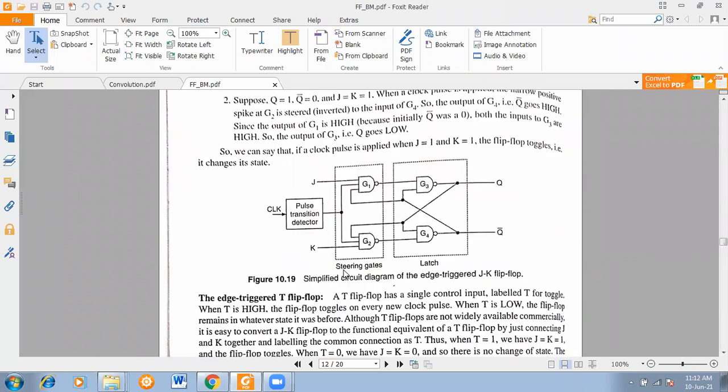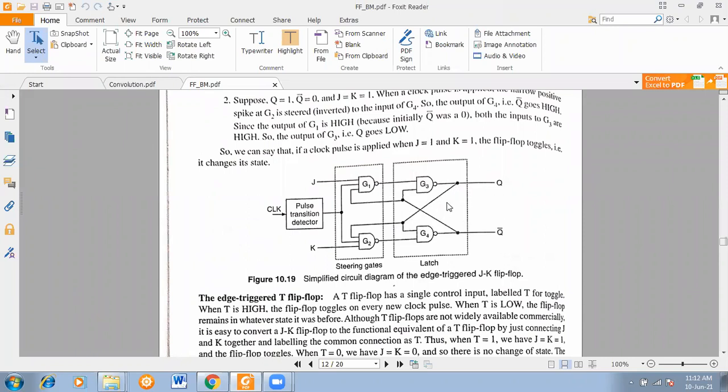So this is the circuitry for the JK flip flop. What is the difference between the SR flip flop and the JK flip flop in construction? See, the cross connection is still there, because this is the basic latch.